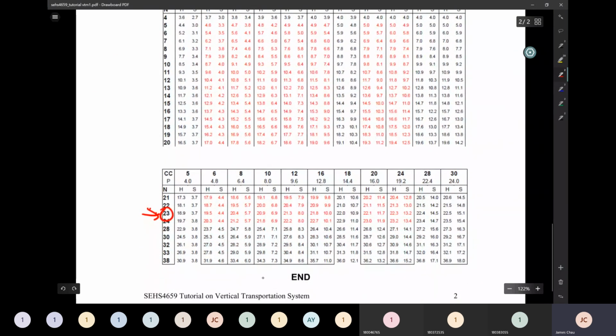Therefore, we identify the population of 16, so the corresponding H is 22.1 and S is equal to 11.7.